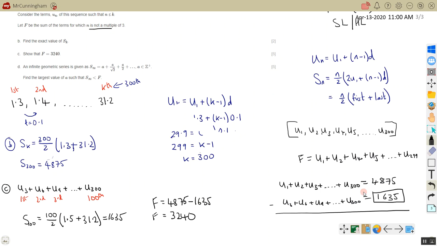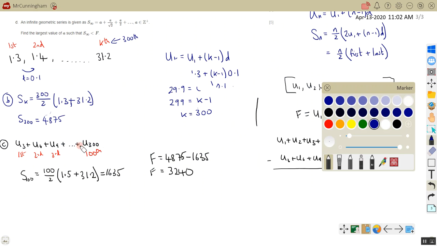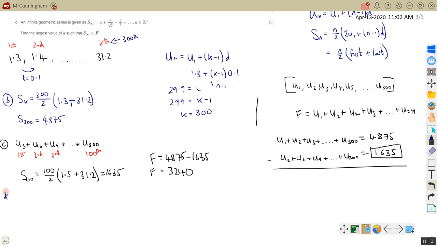Okay, last question. Part D, we are now given an infinite geometric sequence. The first term is a, the next term is a over root 2, the next term is a over 2, and so on. We're told that a is a positive integer.